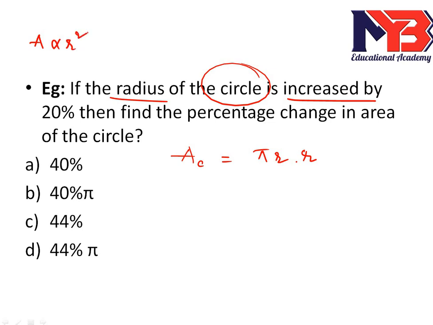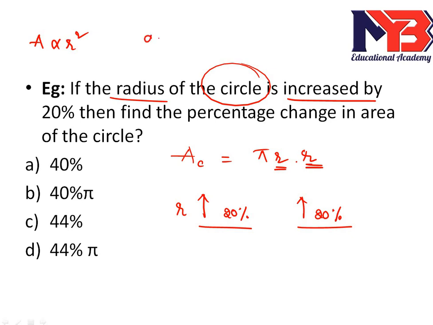There is no influence because of pi, because pi is constant. Since the radius is increased by 20%, the r value is increased with 20% increment happening 2 times. What is the overall percentage increase is the question.